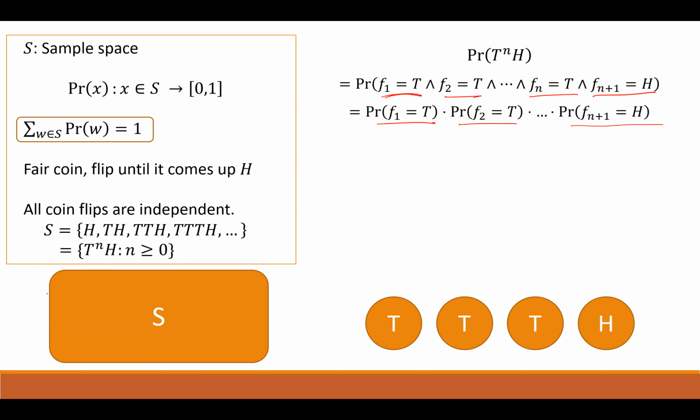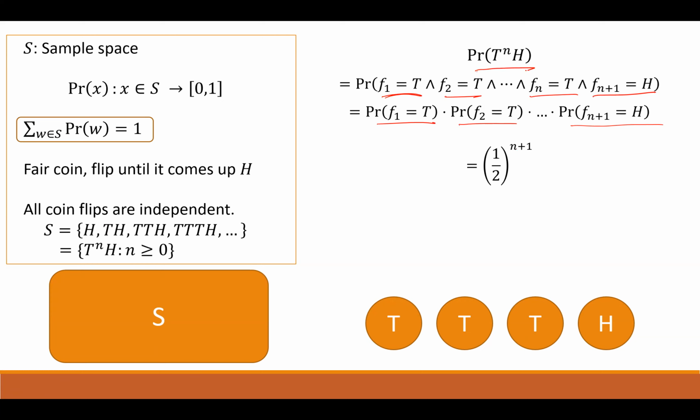All right. So the probability of any given outcome where I have n coin flips that are tails and the final flip is heads is 1/2 to the n plus 1, right? Since it's a fair coin.